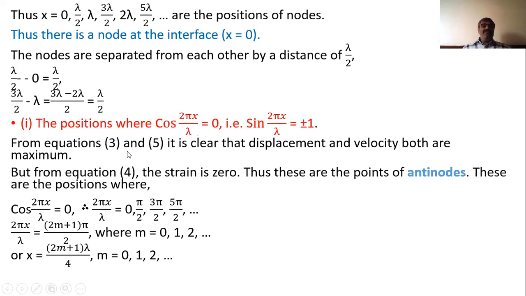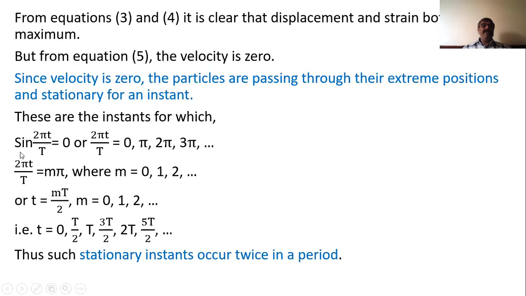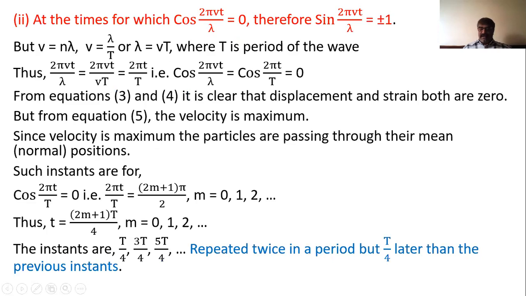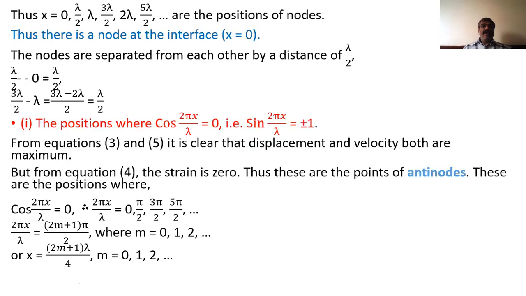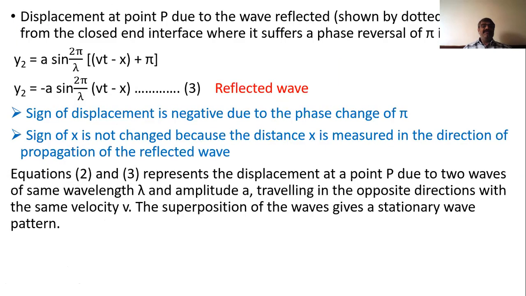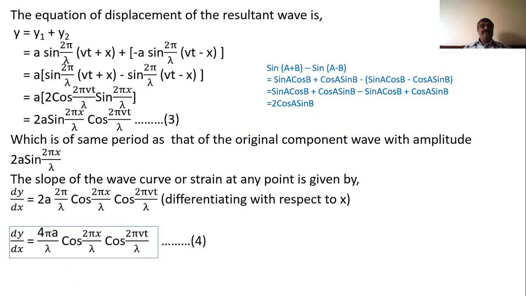And if we put the values in equation 3 and 5, so we consider equation 3. In equation 3, if we put sine, it will be plus or minus 1.